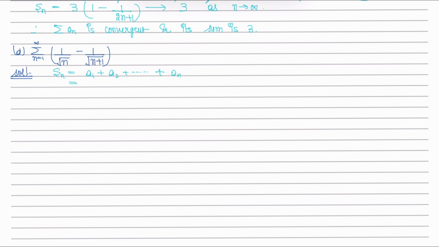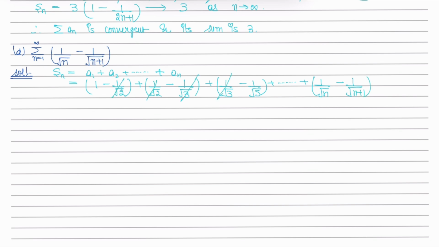So this is 1 minus 1 upon root 2 plus 1 upon root 2 minus 1 upon root 3 plus 1 upon root 3 minus 1 upon root 4 plus so on to 1 upon root n minus 1 upon root n plus 1.